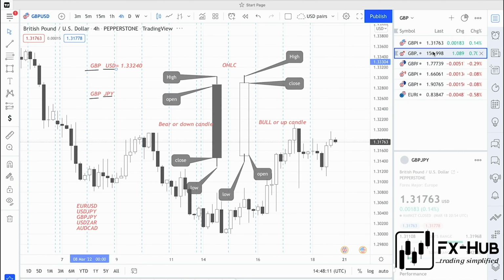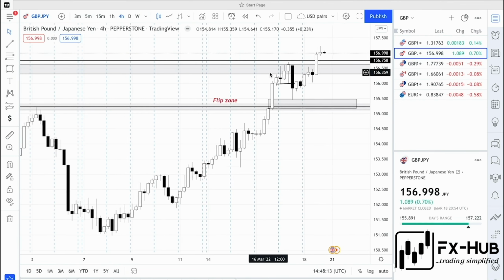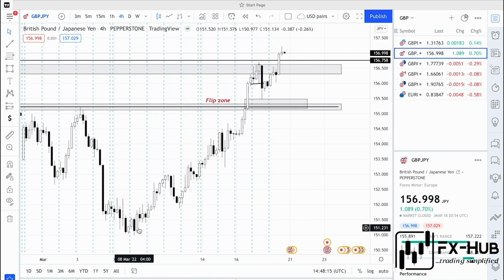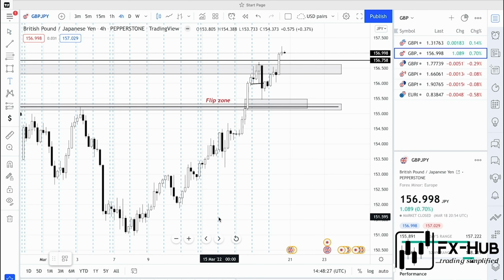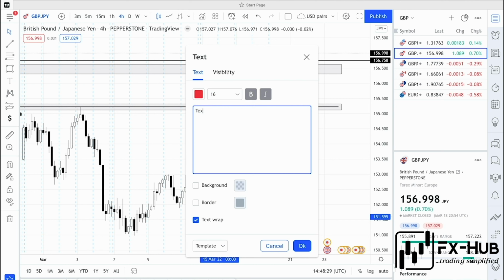Now let's quickly jump into another pair. Let me see what's the pair behind. This is GBP JPY, and let me put my cursor here. As at 10th of March 2022, you need to have 152.049, and then let me move it this way.